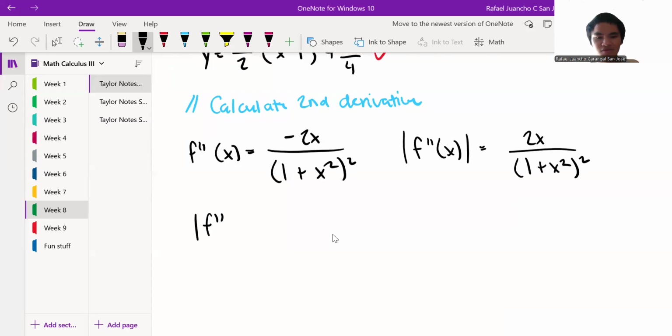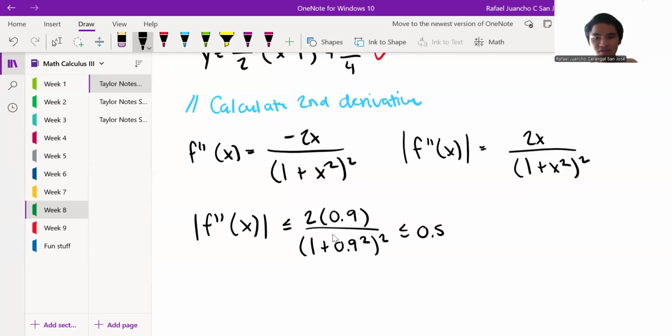Okay, so we want to do this. So we basically just plug in 0.9, 0.9 squared, and then we get this thing. See if that's correct. I'm not super sure. It is 1.8.